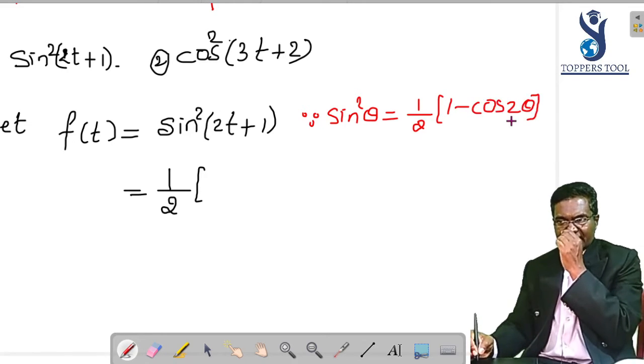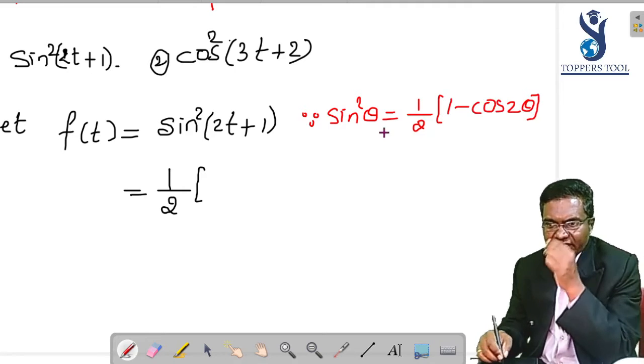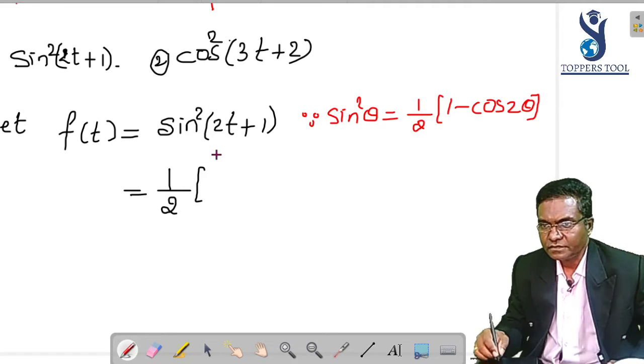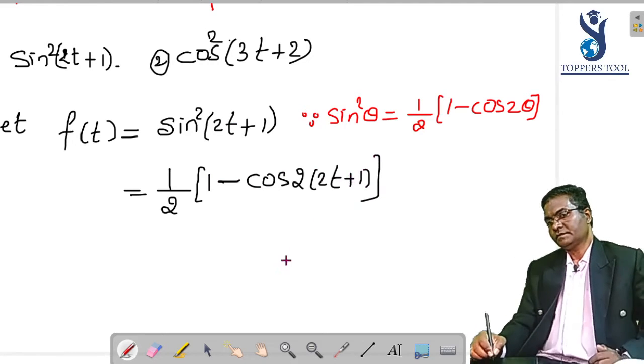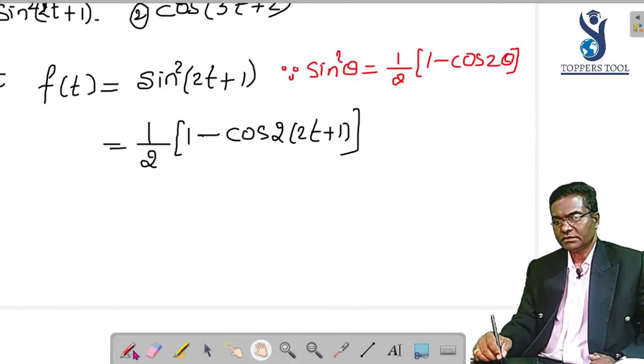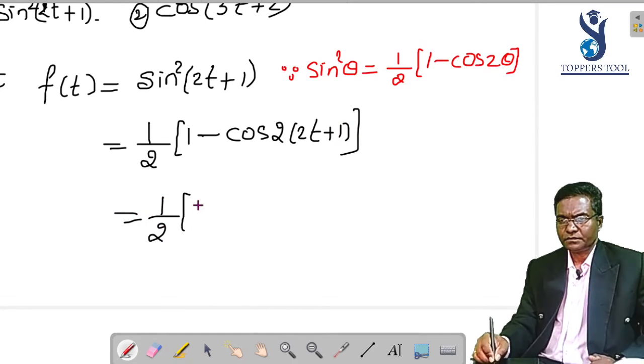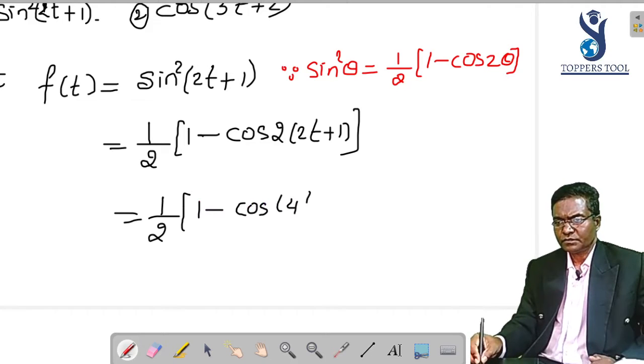I had given in the last class, sine square theta can be written as 1 by 2 times (1 minus cos 2 theta). You can remember this. In the same format, you can write it as 1 minus cos of double of this, 2 into (2t + 1). Which is equal to 1 by 2 times (1 minus cos of (4t + 2)).